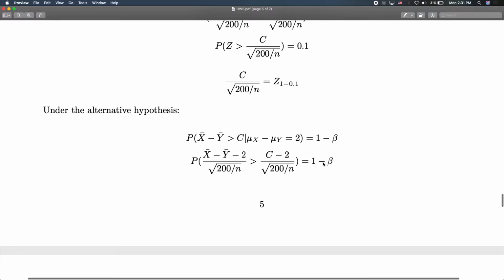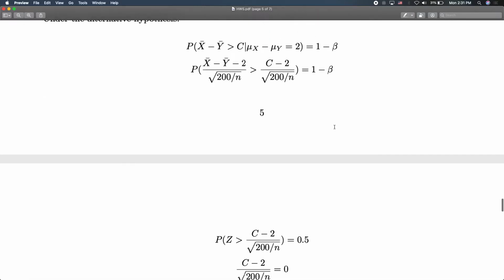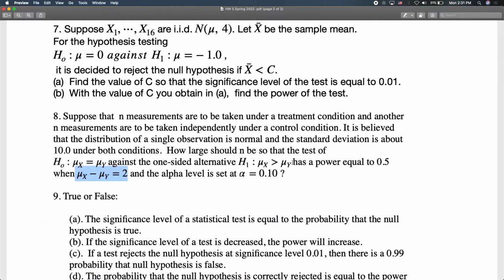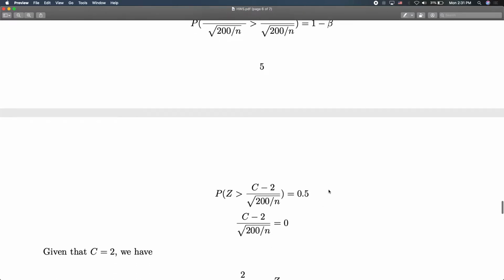And this is equal to 1 minus beta. Let's see, power equal to 0.5. So based on that condition, that is equal to 0.5. And then we have another equation here. The probability under the normal, to give a probability equal to 0.5, has a quantile of 0.